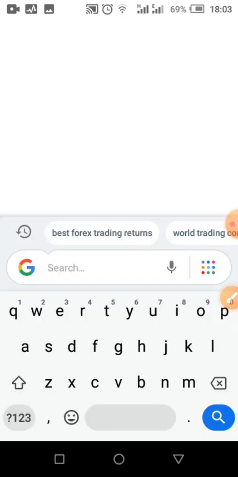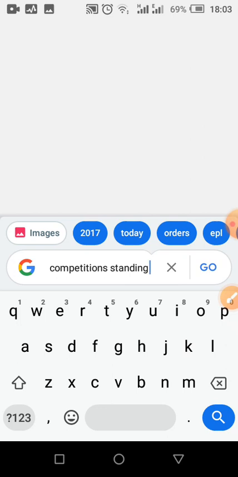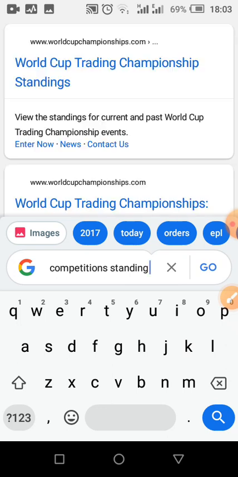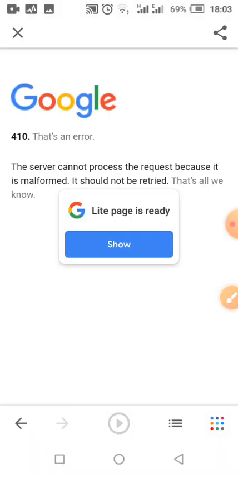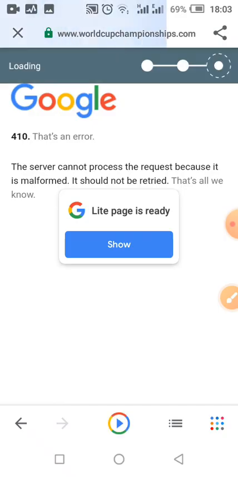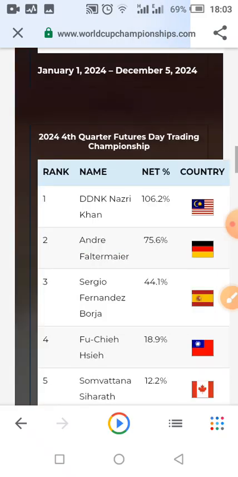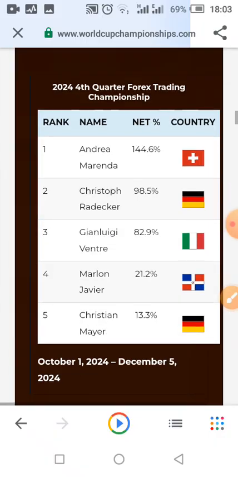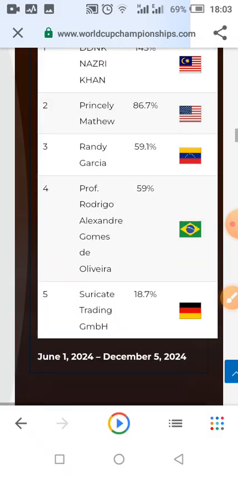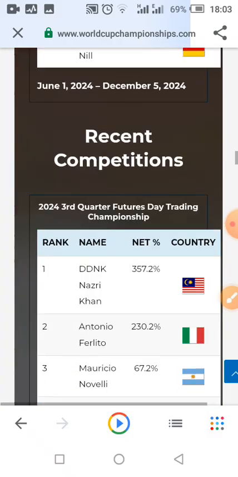Even if you go on the world trading competition websites, you can see some people who used to trade in the stocks or equity divisions. For beginners, remember stocks are like your Facebook, your companies like, not MetaTrader, but Meta, the one which owns Facebook, and also Apple.